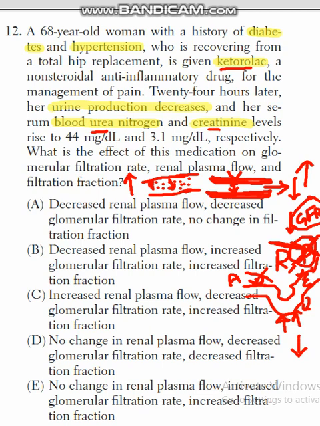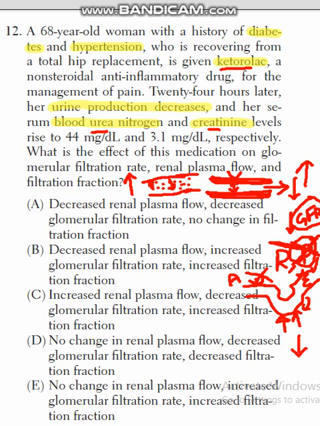These two are the indication for the function of the kidney. So in this condition, the function of the kidney is declined, the cause is the medication, and the effect is inside the kidney. So it is an intrinsic cause of acute renal failure.